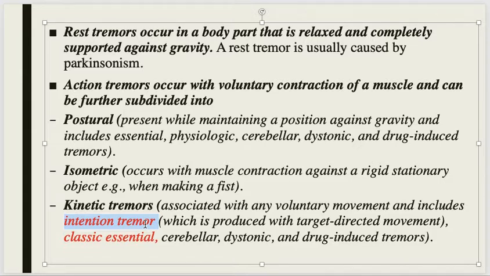For example, if you are observing a person who is sitting and not moving anything, his hands are at rest, fine. If the person has a tremor at rest, of course that is called resting tremor.